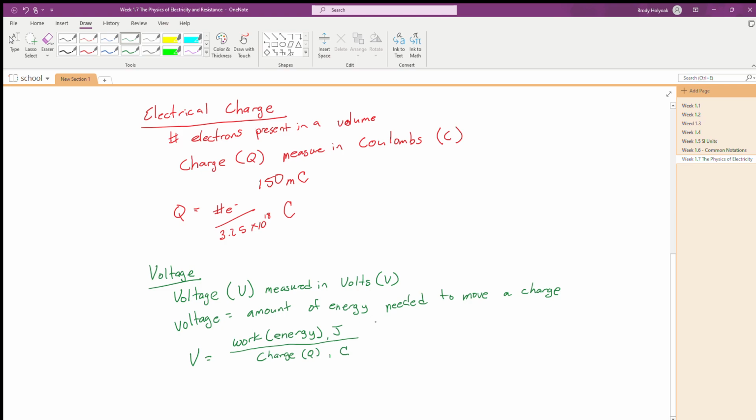And that gives us voltage. So the amount of energy needed to push around the number of electrons that are sitting there. Makes it really easy. And what we get here is voltage is also the potential energy between 2 points.